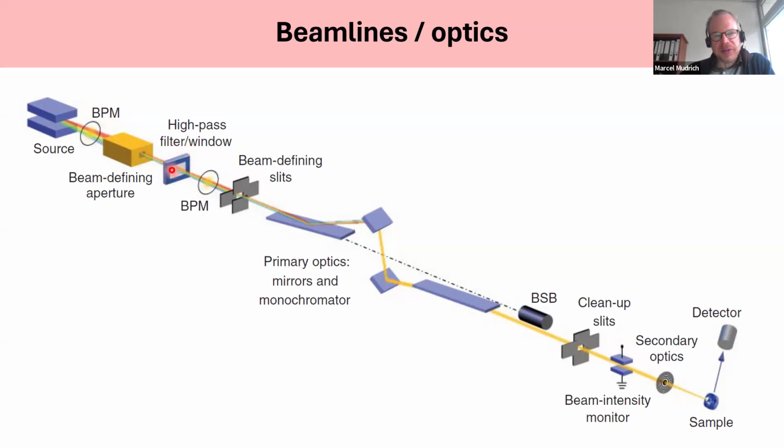For example, if this is supposed to be a hard X-ray beamline, then we want to get rid of any long wavelength radiation, like even visible and soft X-ray light would be disturbing. So we would like to first coarsely shape the beam, both spectrally and spatially, also with some slit arrangement.